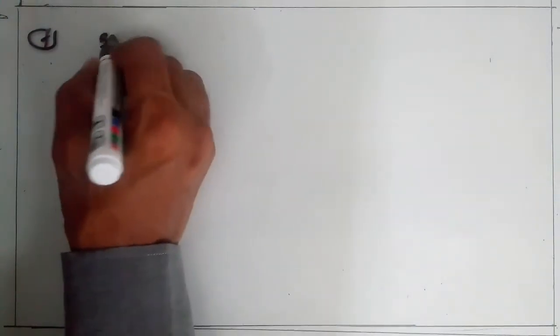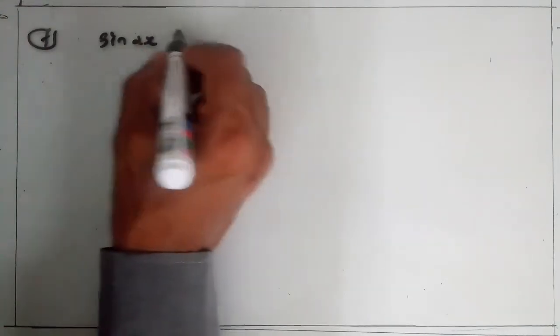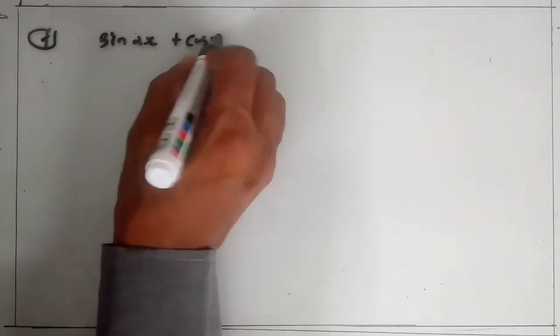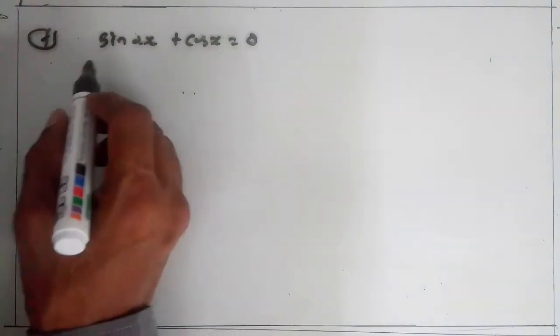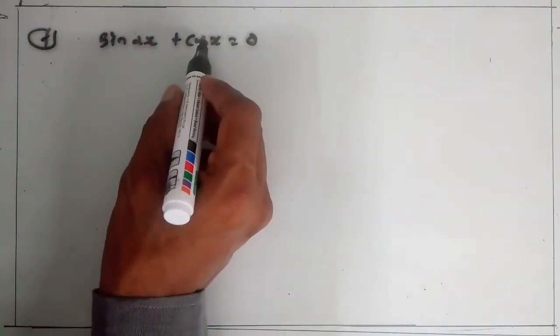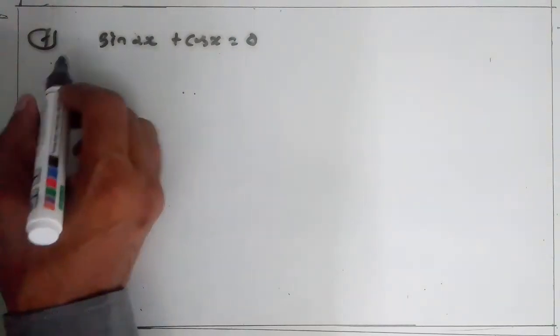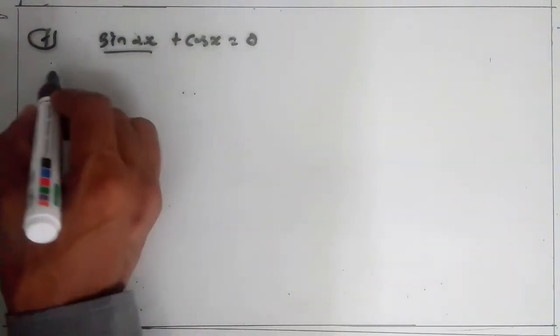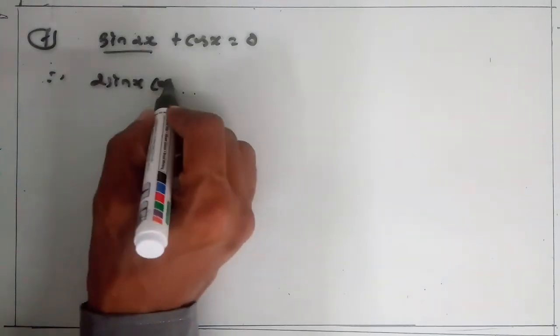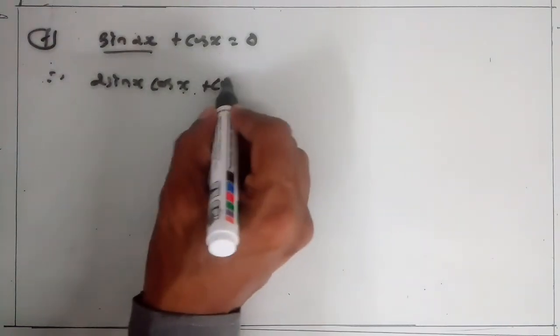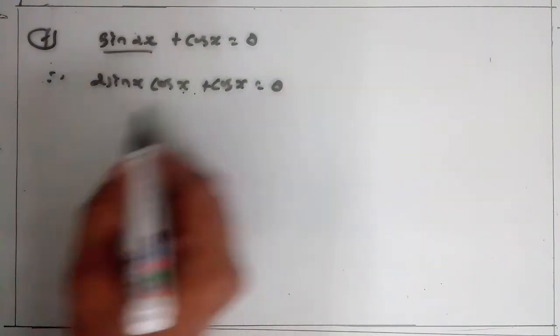Now question number 7. sin 2x plus cos x is equal to 0. Think how to change this into multiplication form. We know that sin 2x is equal to 2 sin x into cos x, you know, plus cos x is equal to 0.